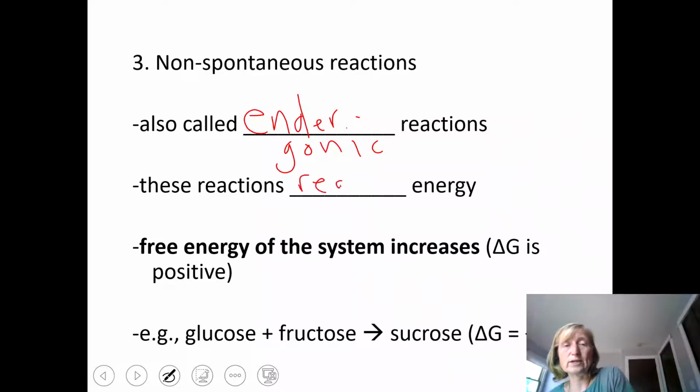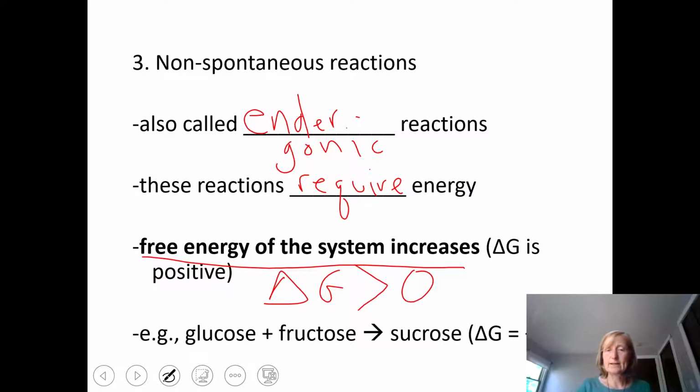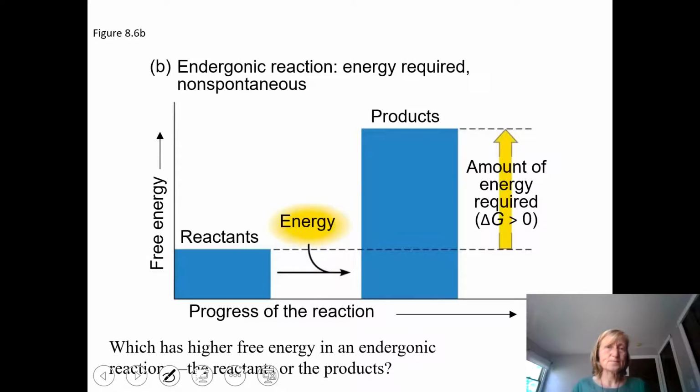So we can write down require or absorb energy. And in this system, the products have more free energy than the reactants. The free energy of the system is going to increase. Delta G is going to be greater than 0. Let's take a look at a diagram of that, and then we'll think about that example as well.